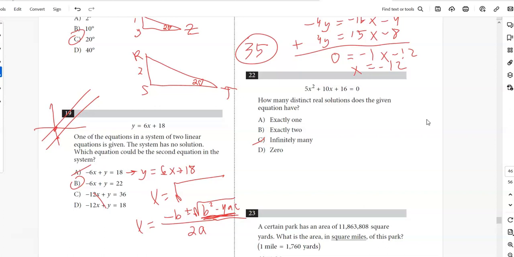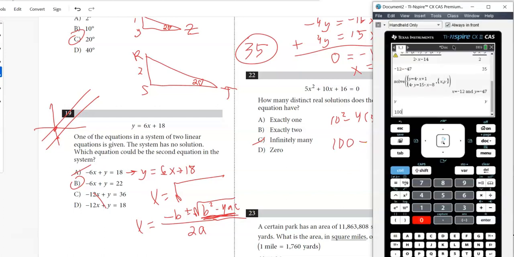So you do b squared, which would be 100, or 10 squared, minus 4 times a, which is 5, times c, which is 16. So you do 100 minus whatever 20 times 16 is. 100 minus 20 times 16 is negative 220.